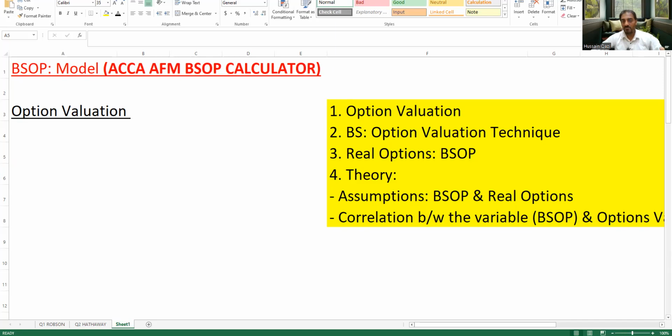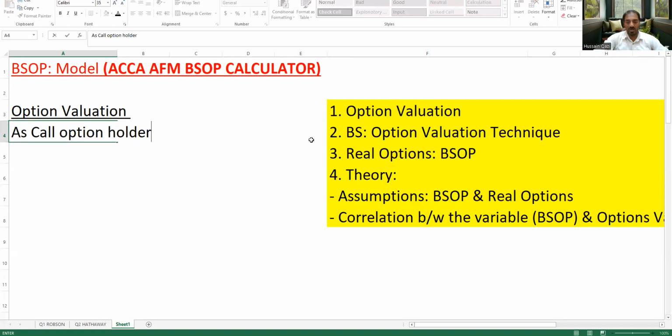Just give me 1 minute. Okay, so, very basic option valuation. As a call option holder, if we want to value the call option, it's very simple. For example, I am a call option holder and I have an option on a share.